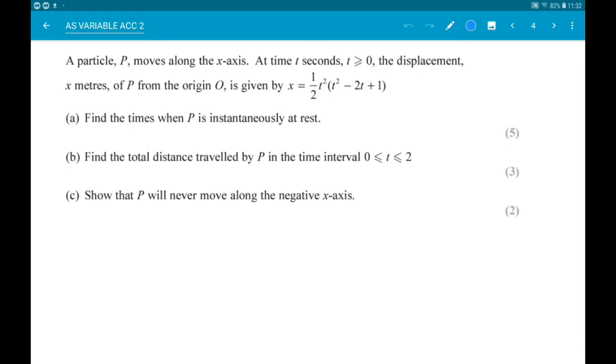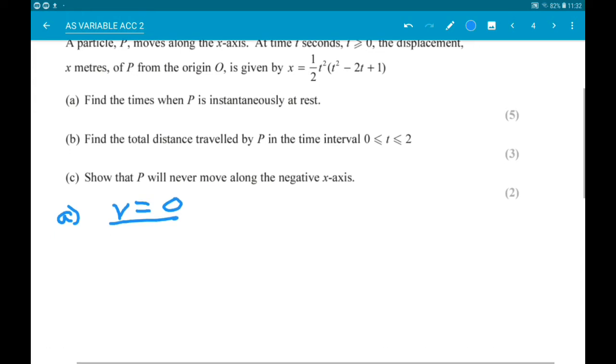So that means we want to find the times when P isn't moving. So, in other words, we want velocity equal to 0. Okay, now we know velocity is the derivative of displacement. So, v is dx by dt. Now, first of all, I'm going to expand x.